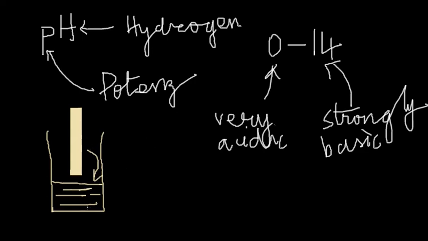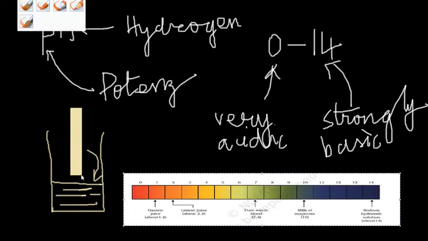As soon as we dip this pH paper into this solution, the color of the pH paper changes. We obtain the color in the pH paper and we compare it to a chart which is available in the laboratory, and after comparing what color we have got in the pH paper having dipped it into the solution, we determine the pH value of this solution.